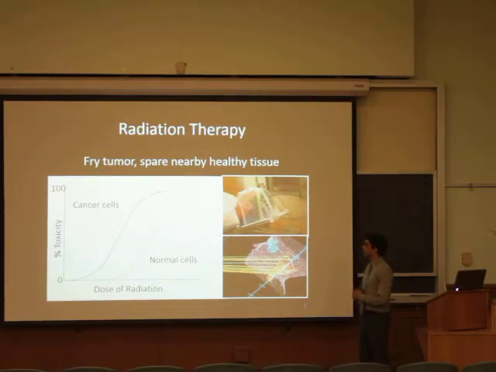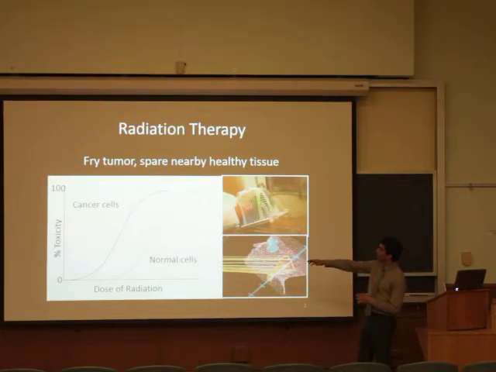This collateral damage can be visualized by this graph here. If you want to achieve 100% toxicity in the tumor, you're going to probably want to deliver a dose of radiation that'll give you a lot of healthy cell damage as well.